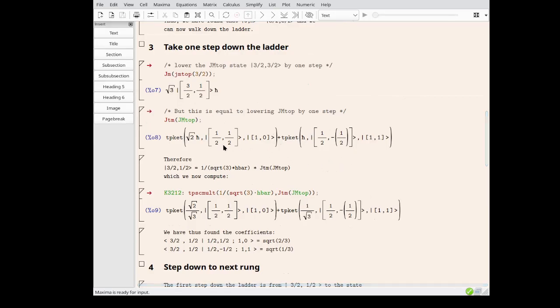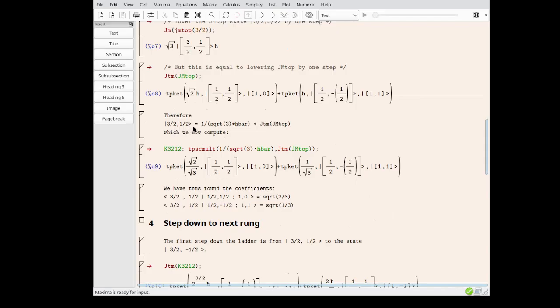So when we equate the 3/2 1/2 state, which is what we stepped down from the total JM state, that has to equal 1 over the square root of 3 times h bar times the J total minus of the JM top state. They must be equal because we started at the top rung of the ladder and we stepped both of them down by 1.